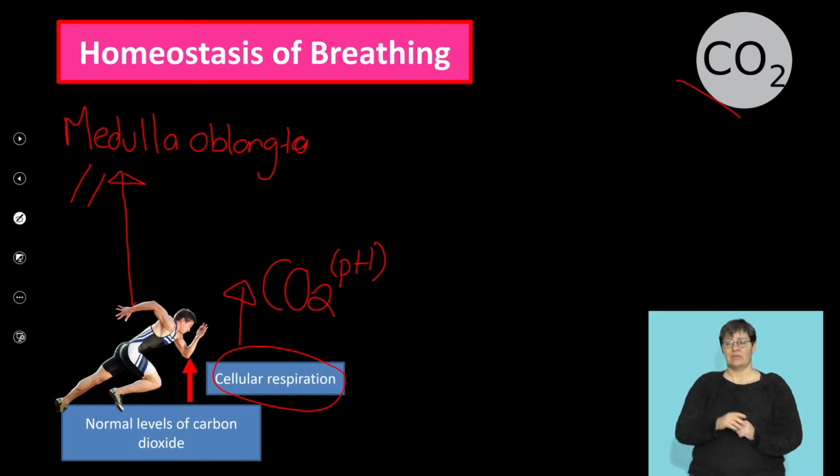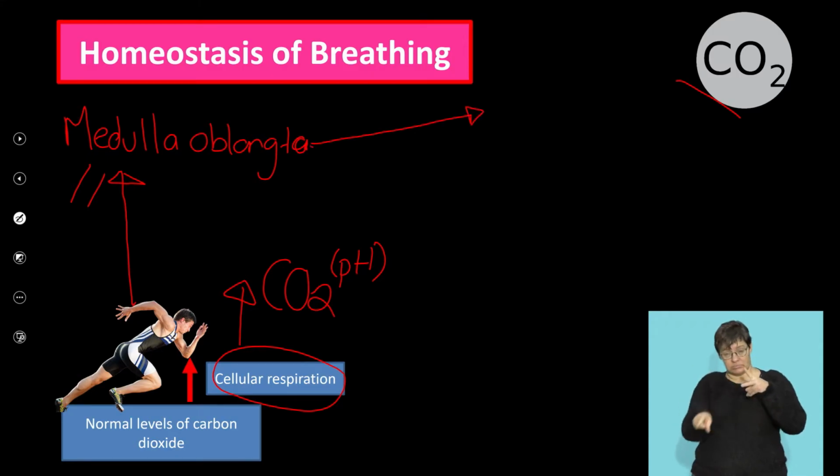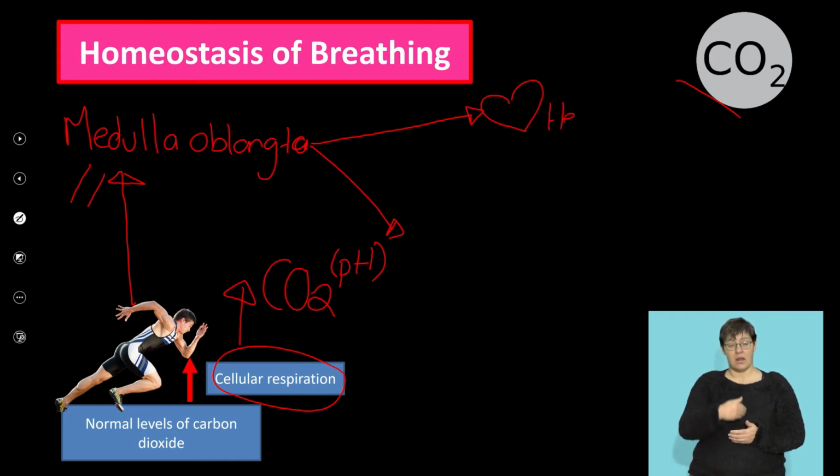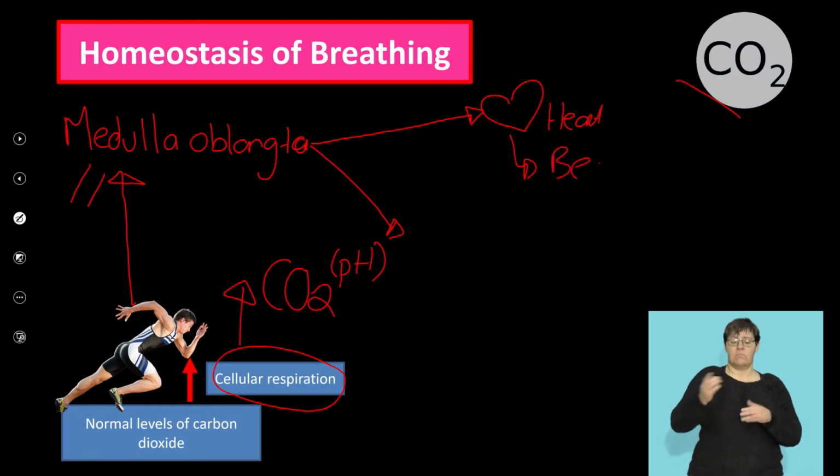The medulla oblongata sends two messages, through a nerve, to two organs that it's going to trigger. The first organ is the heart, and it says to the heart, you need to beat faster.